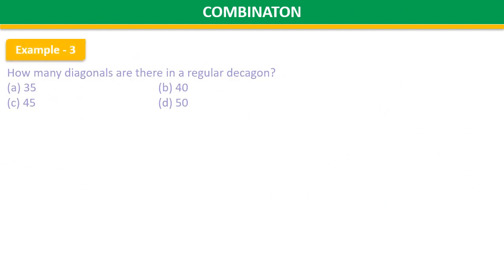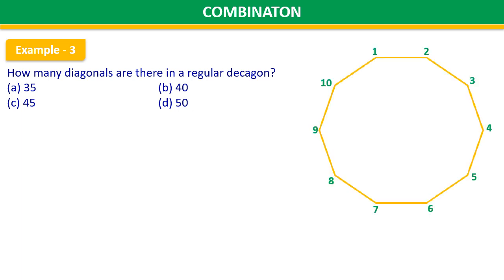Example 3. How many diagonals are there in a regular decagon? You can pause this video and try this question on paper, and once you have solved it, you can resume it. A decagon has total 10 sides and 10 vertices like this. To make one diagonal or a straight line, I need to choose any 2 vertices at a time.